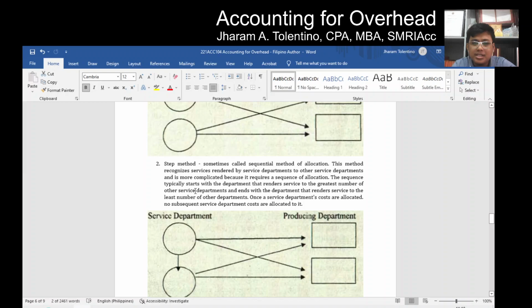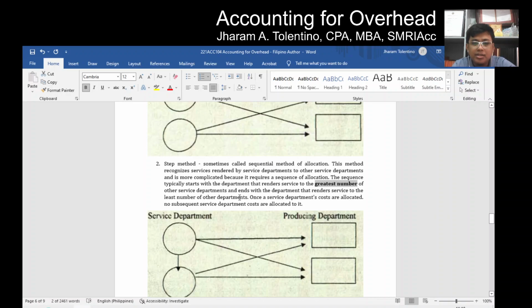So the sequence typically starts with the department that renders the service to the greatest number of other service departments. Ibig sabihin, kung sino yung pinakamaraming nabigyan ng services sa ibang service department. And ends with the department that renders services to the least number of departments.